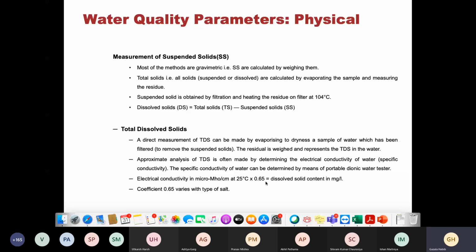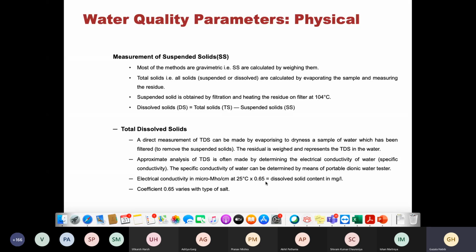So the conductivity meter is actually calibrated for different types of salts which may be present in the water, and therefore its scale is set to translate the amount of salt into conductivity.